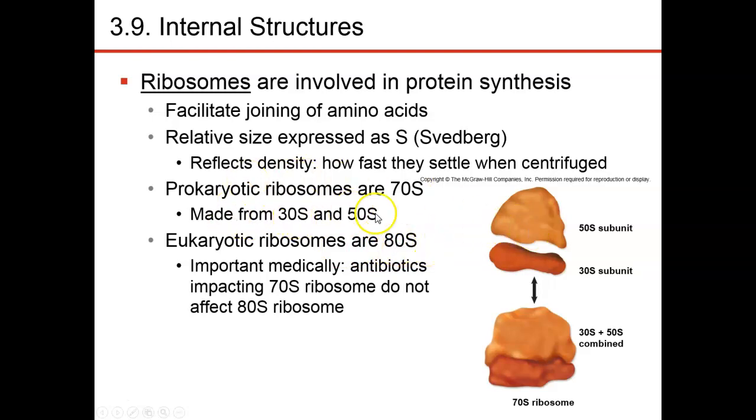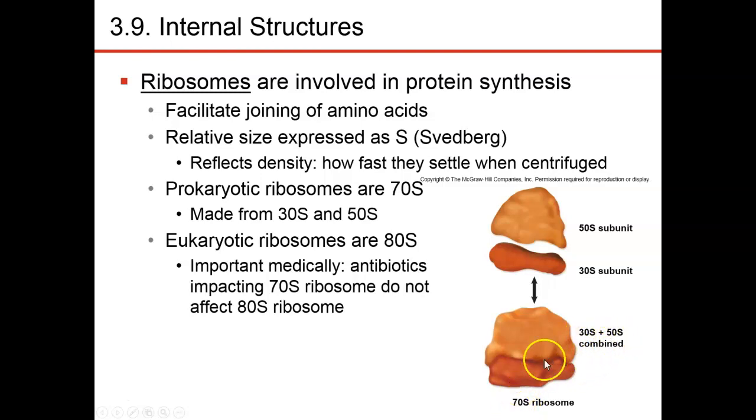For bacteria, they are called 70S ribosomes, and they're made of 50S subunits and 30S subunits. So the 50 and the 30 come together, and they form this 70S ribosome. Please note, I'm not adding the 50 and the 30 together to get this number.